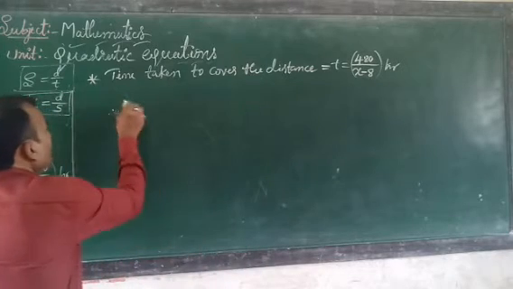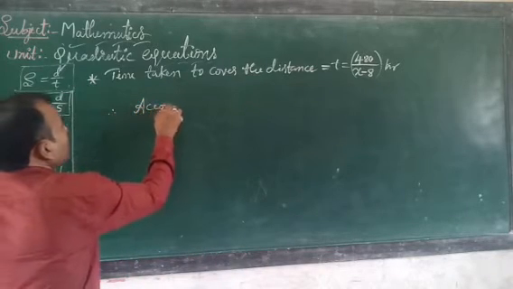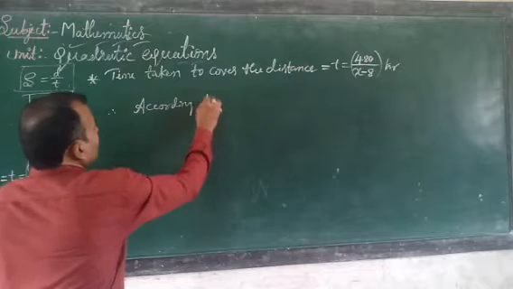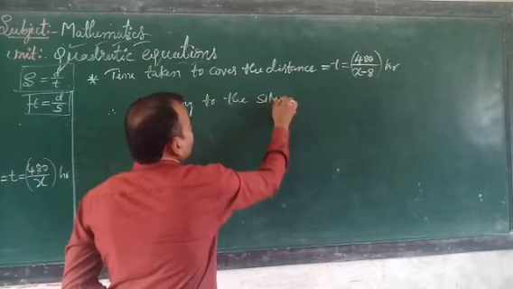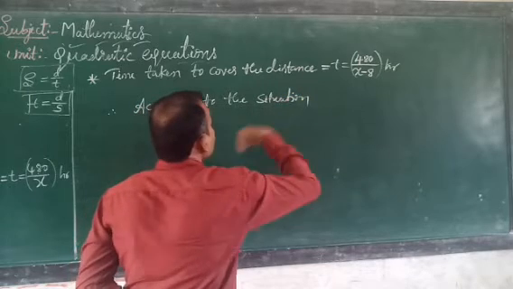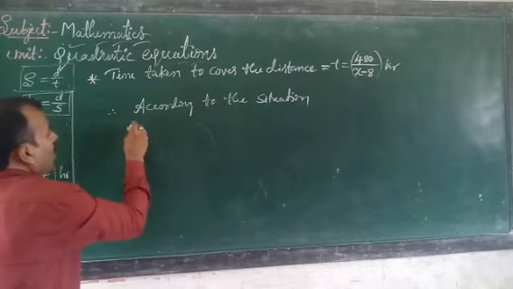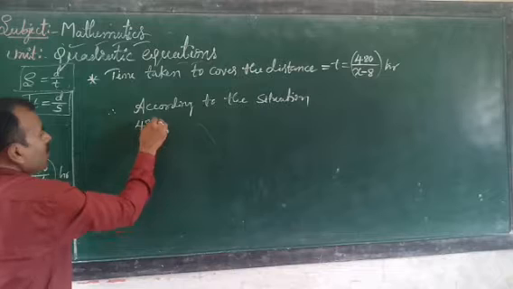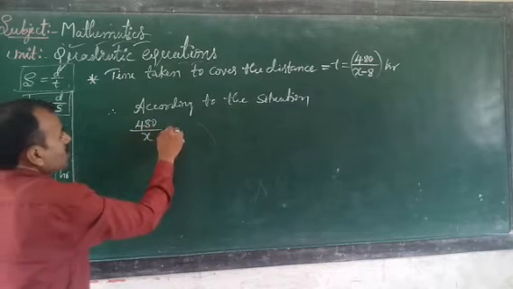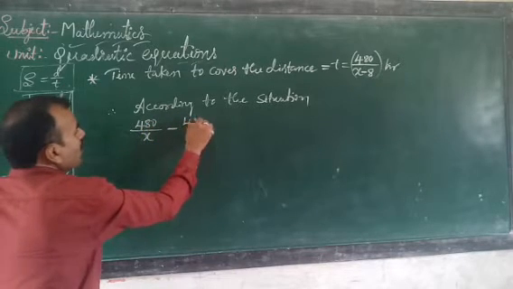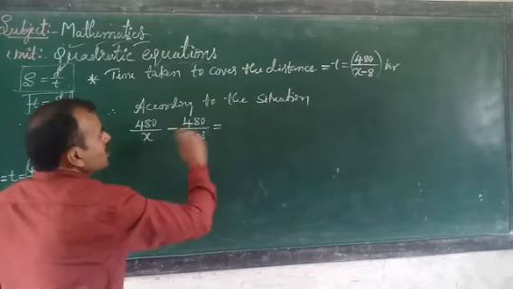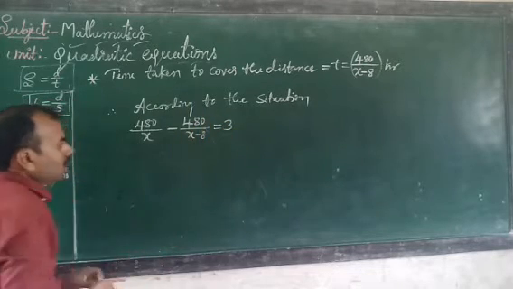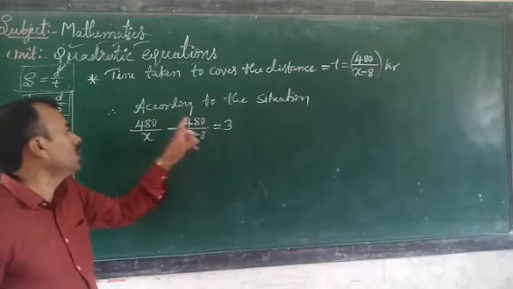So therefore, according to the situation, 480 by x minus 8 minus 480 by x equals 3 hours more.